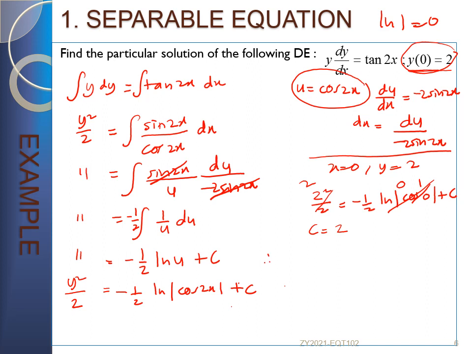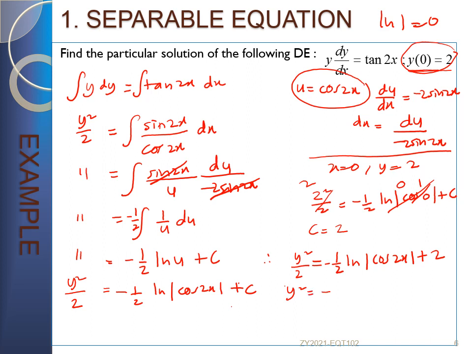So the answer will be y squared over 2 equals −1/2 ln cos 2x plus 2. Sorry about my writing. Now if you want, you bring the 2 to the right also can.